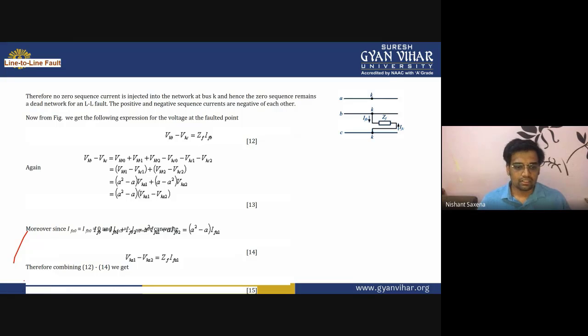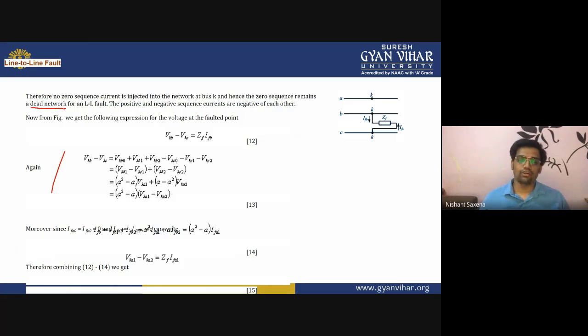Now we know that there is no zero sequence current injected into the network at the bus K, and hence the zero sequence remains a dead network. If the current is zero, that means that network would also be acting as a dead network.